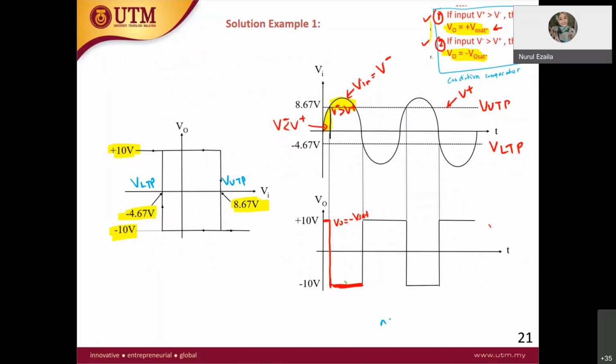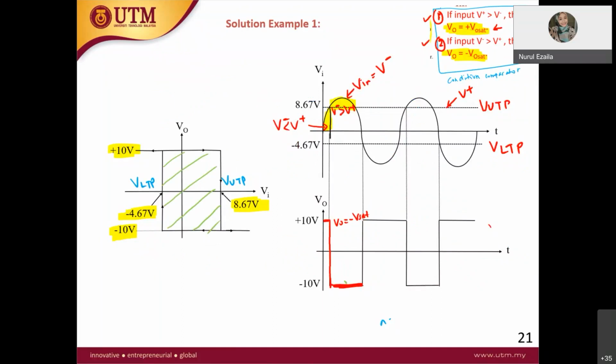So the transfer characteristic curve of this Schmitt trigger cannot be less than VLTP or greater than VUTP. This is how it looks for the transfer characteristic curve.